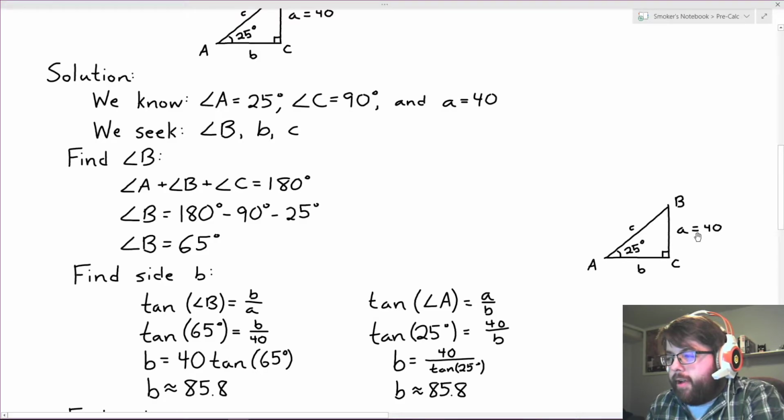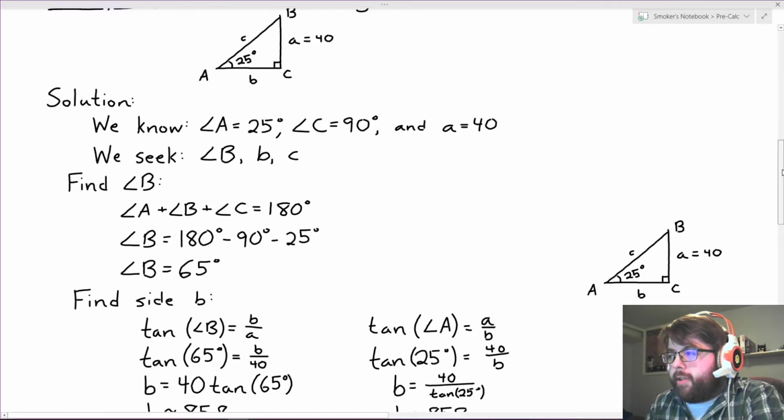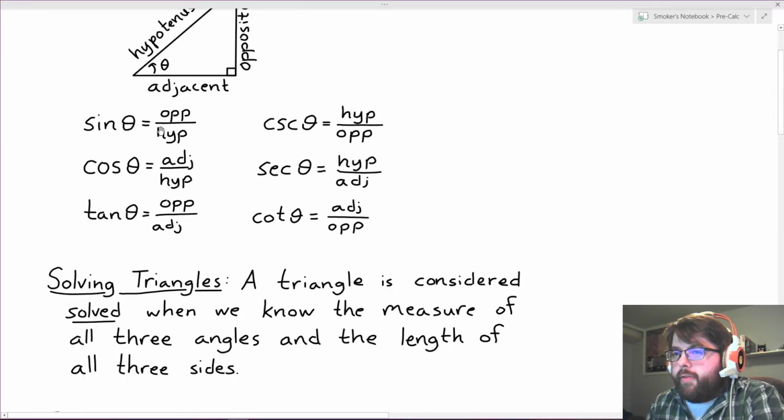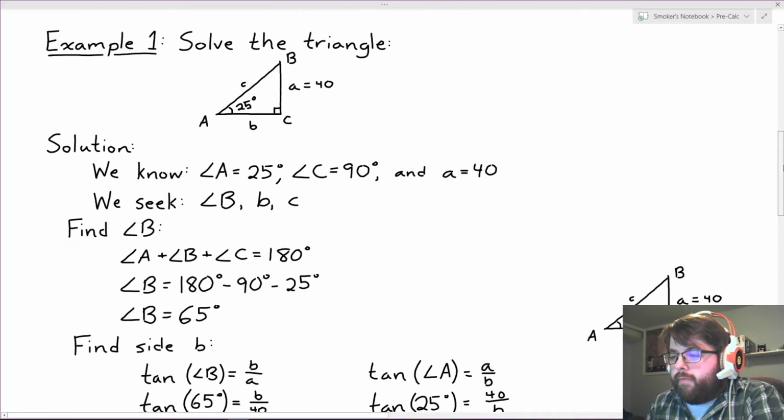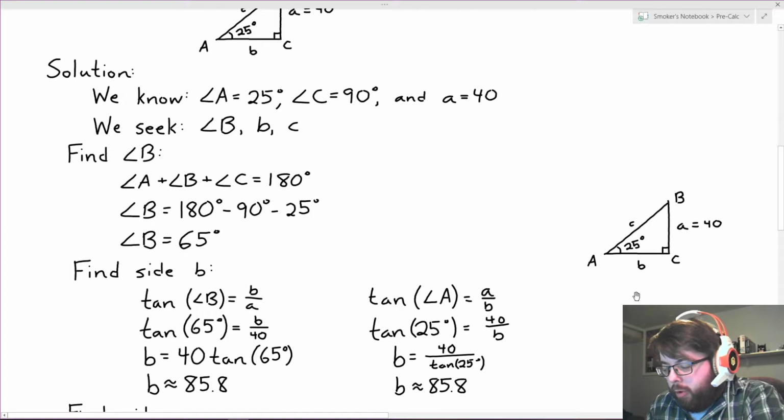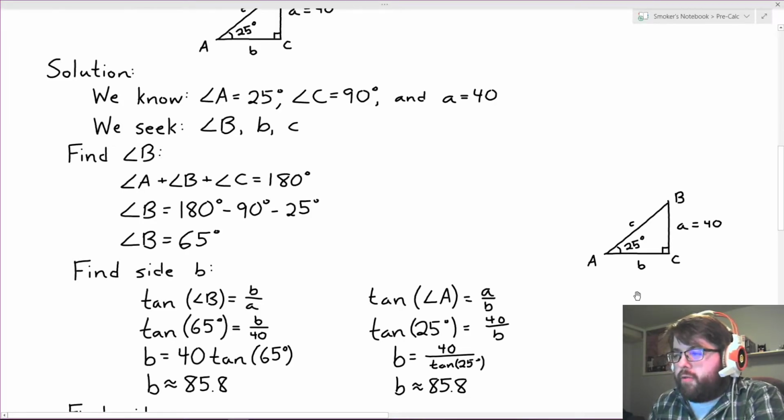This is the opposite side, this is the adjacent side, so I'm doing this part over here. Well, that would be the function tangent. Tangent is opposite over adjacent. Remember at the top here? Opposite over adjacent. So depending on what side is given and what you're looking for is what determines which trig function you're going to use.